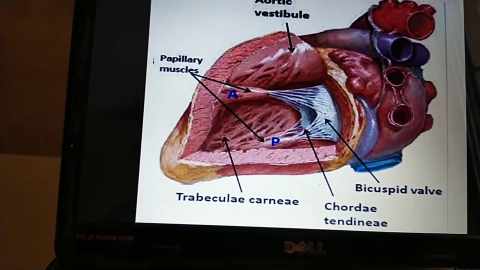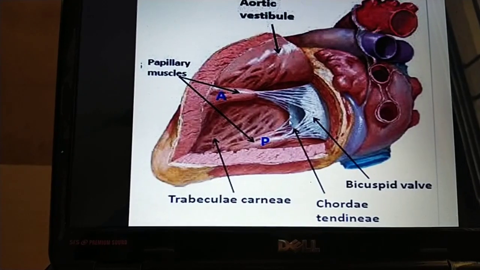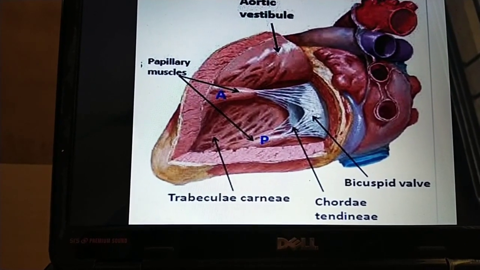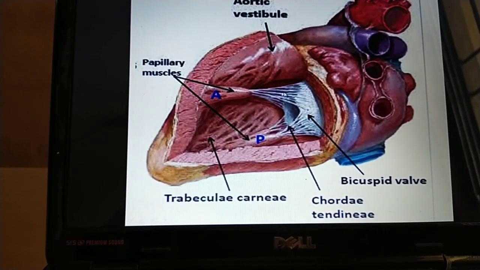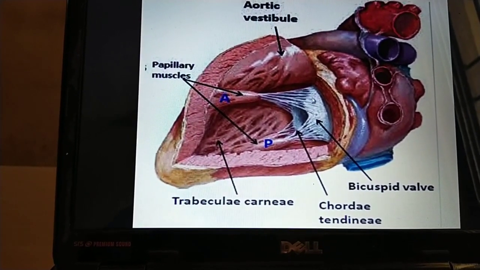Okay, this is a bicuspid valve, the left atrioventricular valve. And these are the chordae tendineae. These are the edges of the valve.